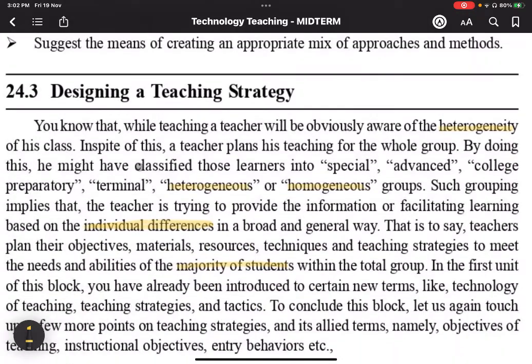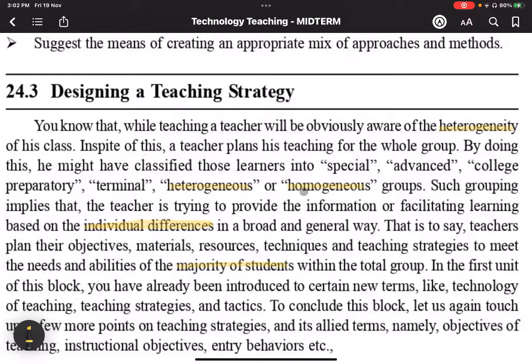Okay, let's go now with designing a teaching strategy. You know that while teaching, a teacher will be obviously aware of the heterogeneity of his class. So meaning the diversity ng mga students mo. Kaya yun ibig sabihin ng heterogeneity.